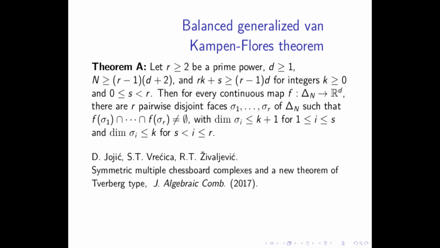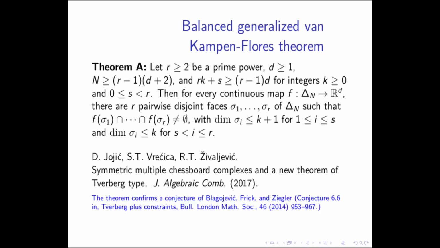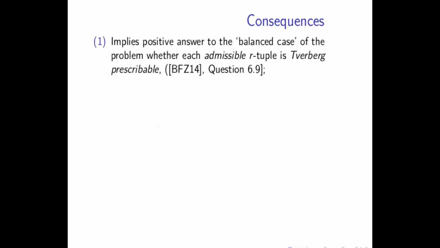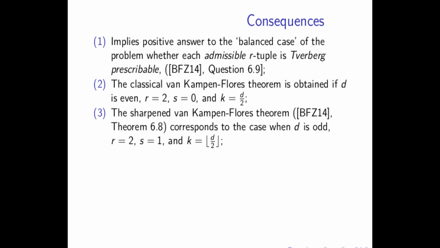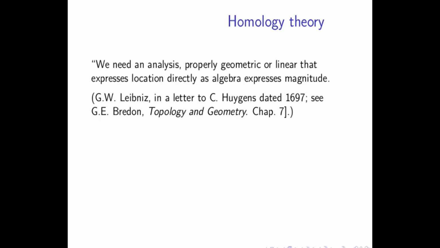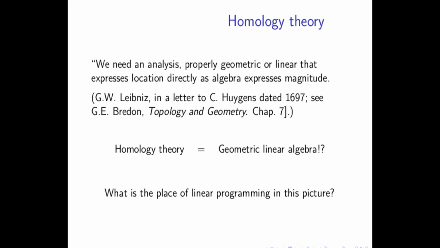It is so-called balanced case. But Siniša, I believe, will talk more about that, and this is just a passing remark. Of course, this is related to some earlier work. This is some conditions, but now this is some consequences of that result, and now I'm really starting my lecture.